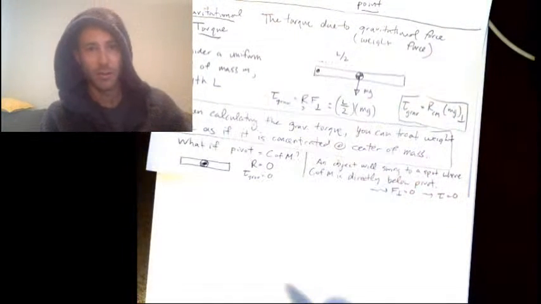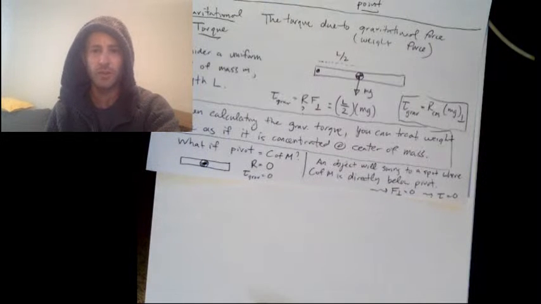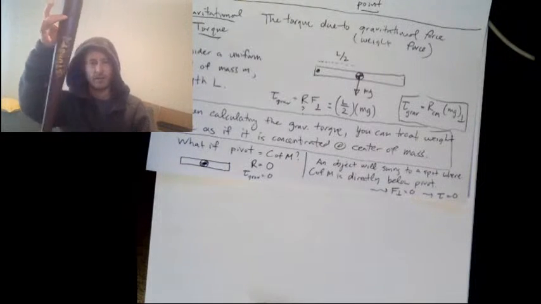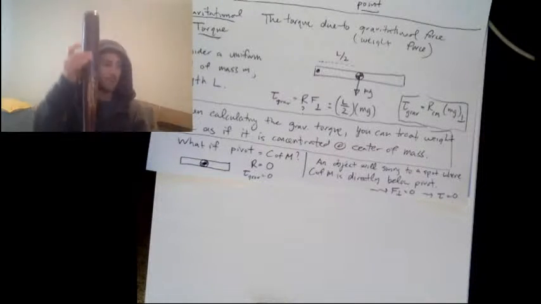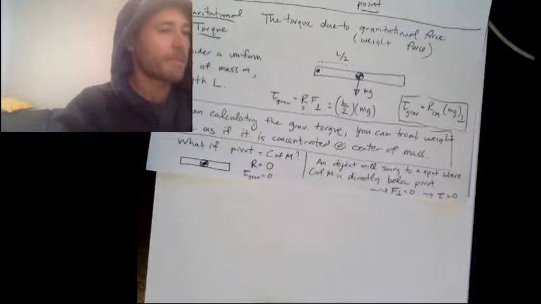So basically, if you hold something and you let it swing and come to rest, you know that the center of mass is directly below where you're holding it. I think that's an interesting piece of information. Maybe you don't, but I do.